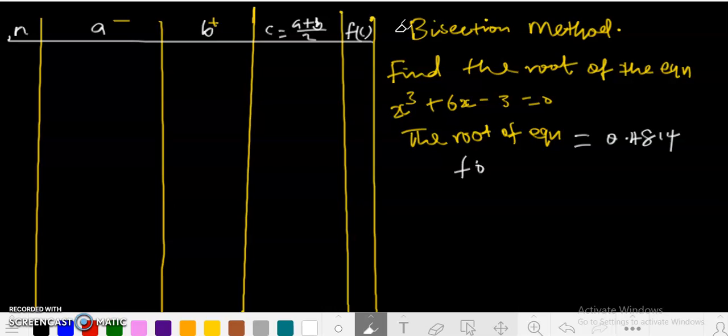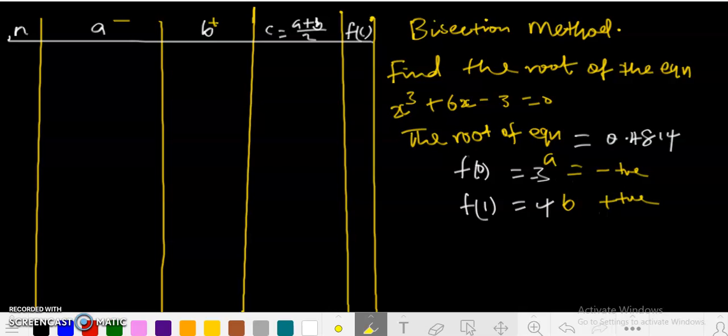This is what we got, and then f of 0 gave us negative 3, and f of 1 gave us 4. We can call f of 0 our A and f of 1 our B. This means A is negative and B is positive.